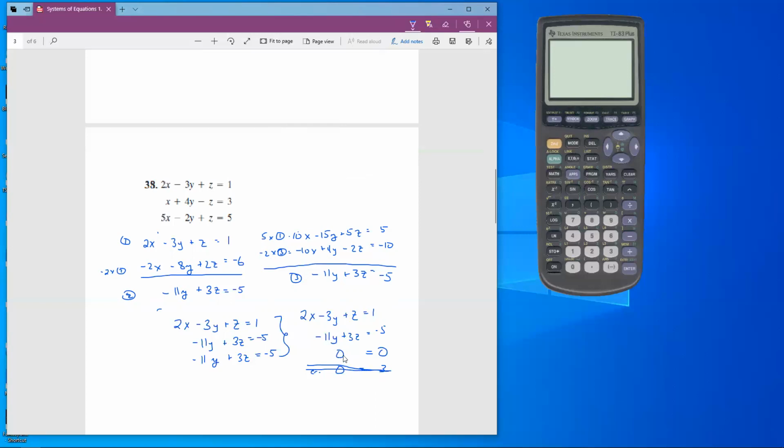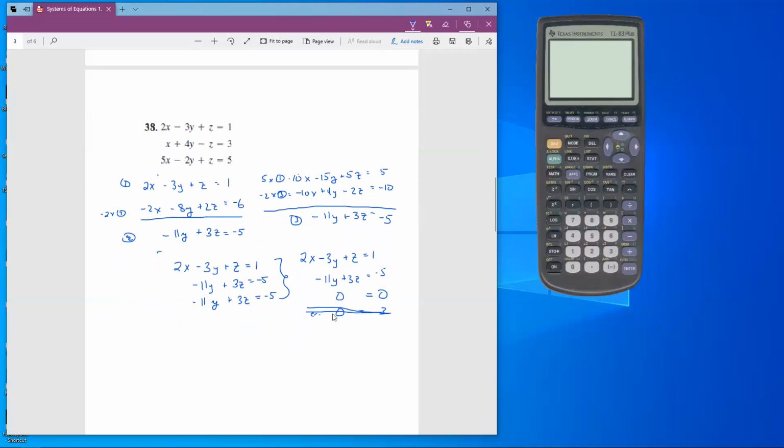So what a dependent system looks like is when you get this 0 equals 0 business, because what happens is I don't have enough equations to solve for my variables. Now your book doesn't do this, but more advanced textbooks do. And for the life of me, I can't fathom why they do this, but I think it's to let the reader know you solved the equation and it's a dependent system.